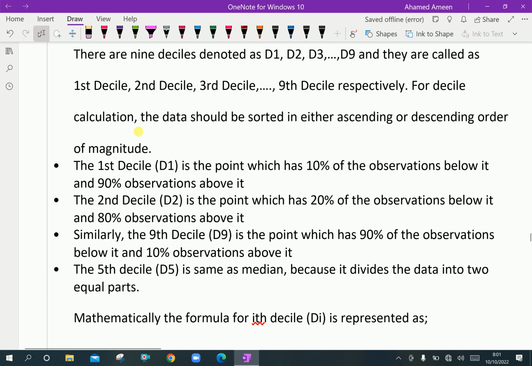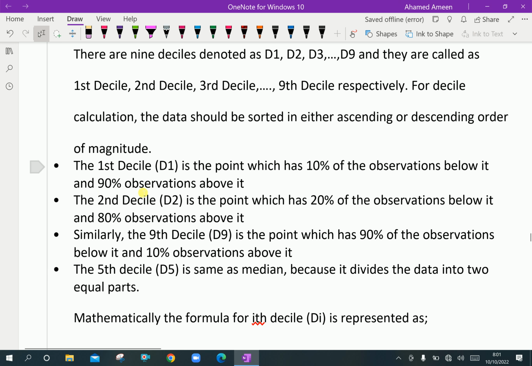The first decile D1 is the point which has 10% of the observations below it and 90% above it.